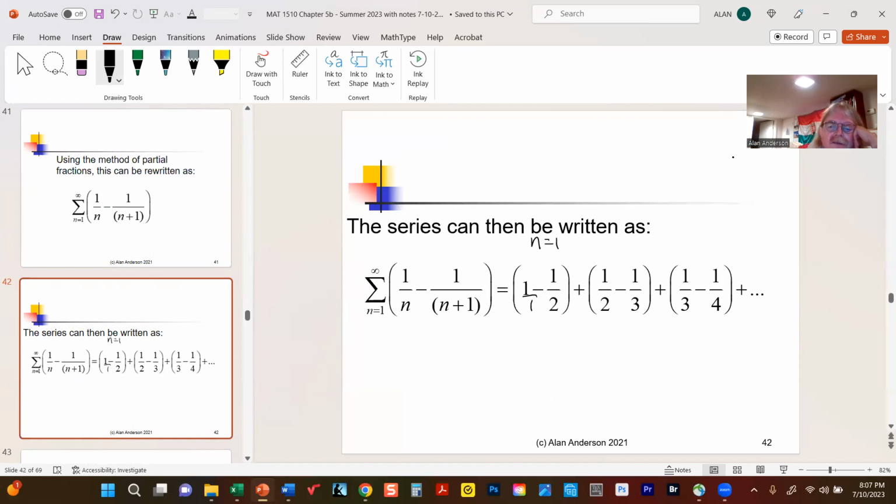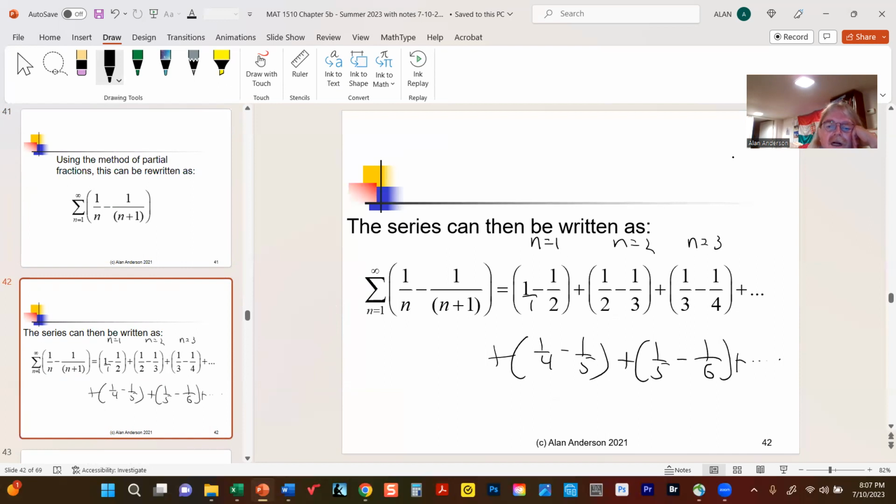And then we have 1/2 minus a third. Then we have 1/3 minus a fourth. But here's the thing. This will go on and on and on forever. These cancel out.